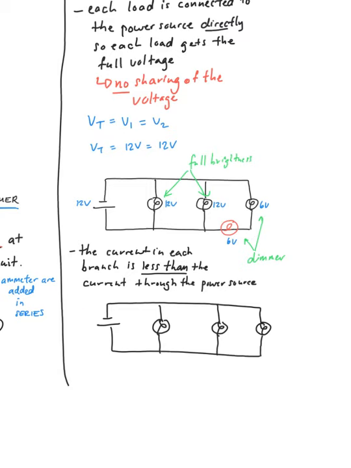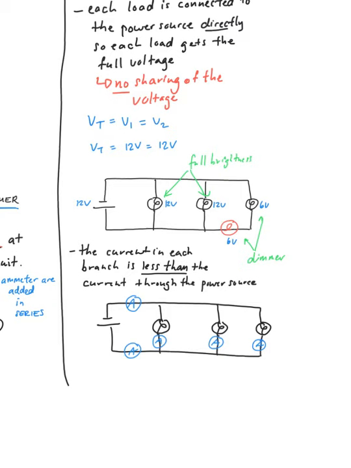So for the current that I'm going to measure, let's just put my ammeters in quickly. If I put an ammeter in here versus an ammeter in this unique path, in this unique path, and in this unique path, or even in this path over here, I'm going to see that if I have a battery with 3 amps, I'll measure 3 amps in the shared pathway that everybody has access to. So as I flow through, I have 3 amps there.